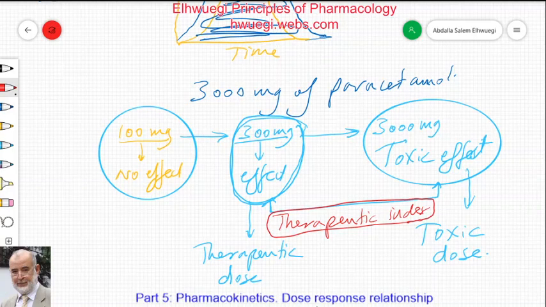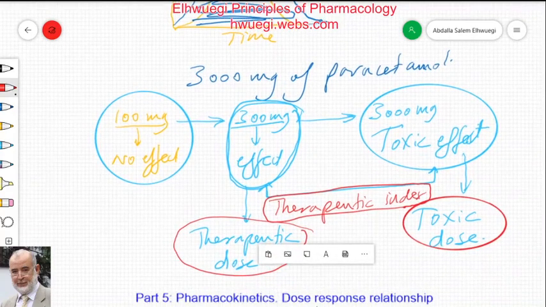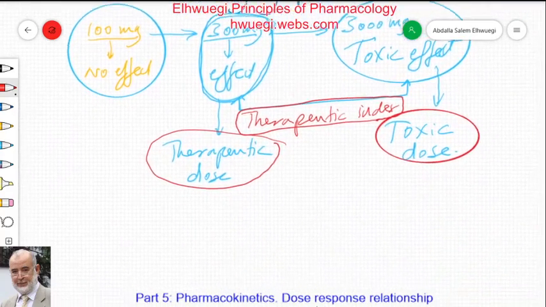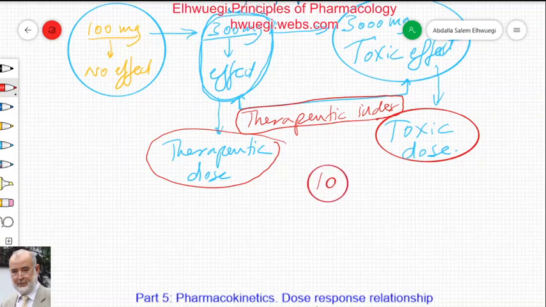The therapeutic index is the difference between the toxic dose and the therapeutic dose. Okay? Now, suppose the therapeutic index is large, like in this example. In this case, the therapeutic index is 10. You have to increase the dose of the drug 10 times to reach the toxic dose. Okay?